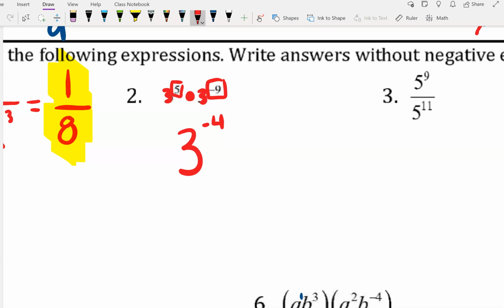But remember, we're not allowed to leave a negative exponent on our answer. So I'm going to flip the 3 to the bottom. The exponent is still 4. That negative went away. And if there's nothing on top, we just put a 1. And then simplify 3 to the 4th power. 3 times 3 is 9, times 3 is 27, times 3 is 81.